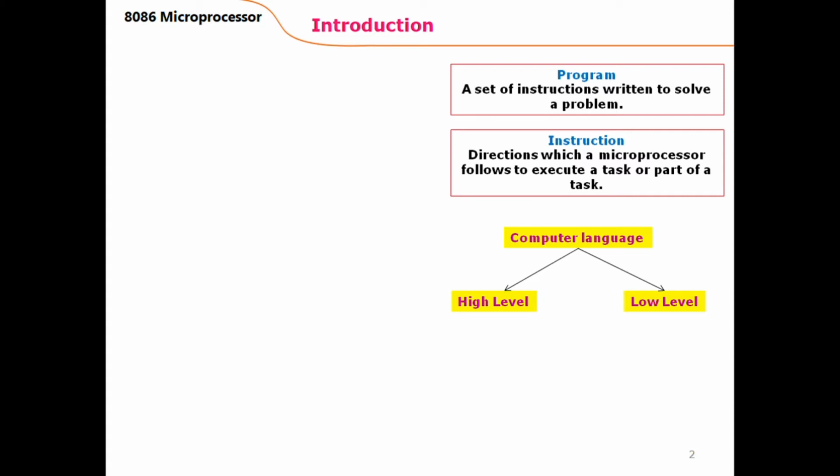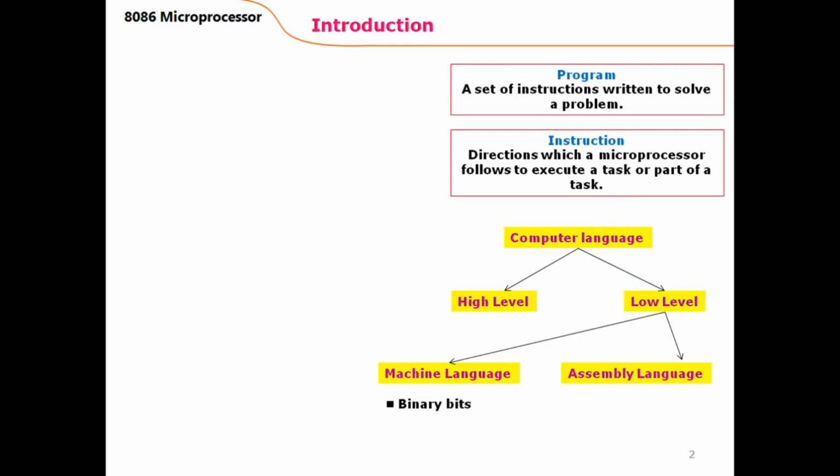Programming languages or computer languages are divided into two types: high-level languages and low-level languages. High-level languages include languages like Java, C++, and many others, while low-level languages are further divided into machine language and assembly language. A machine language is the language that computer can understand, and in fact that is the only language that a computer can understand.